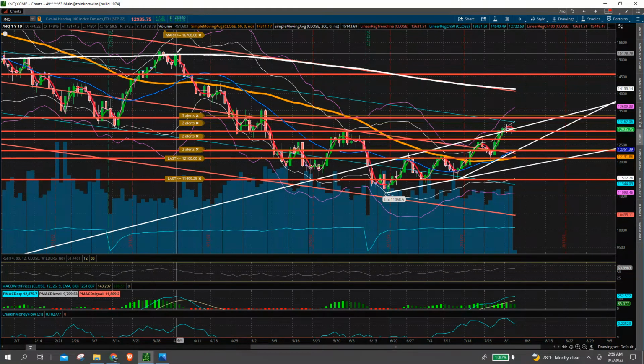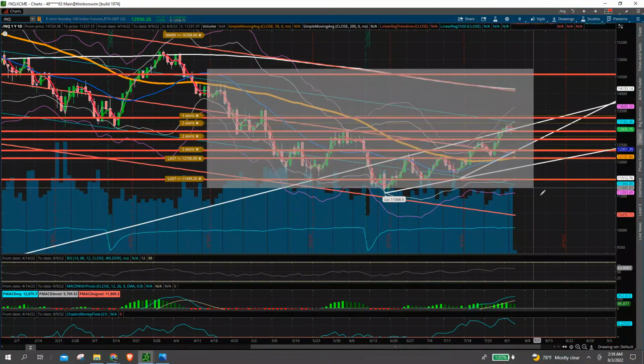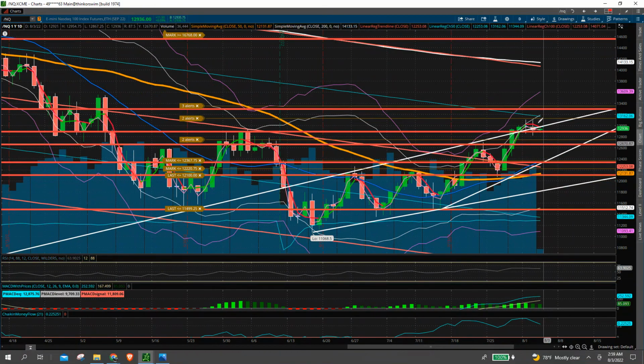From a technical perspective, we have not tested this moving average for several months now. So the expectation would be that if we do drop, it'll again be a buy the dip with a continuation of us moving higher. Okay.